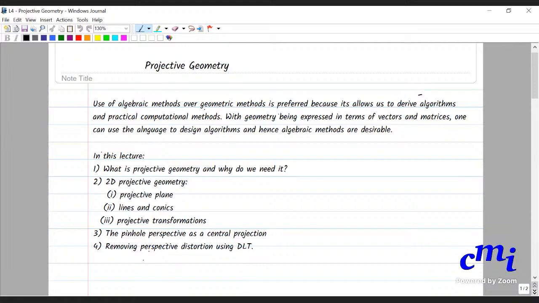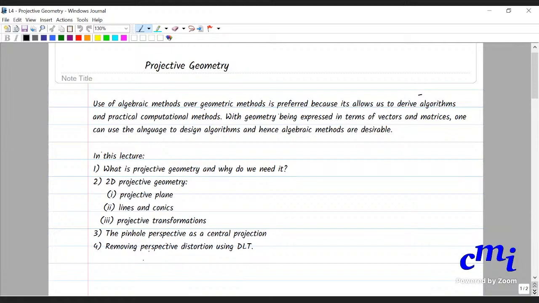Then I will talk a little bit about the elements of two-dimensional projective geometry, and in that I will briefly describe how points look, how the projective plane looks, how lines and conics look, and what a projective transformation is. What we want to do with all this is describe the pinhole perspective as a central projection, a type of projective transformation.